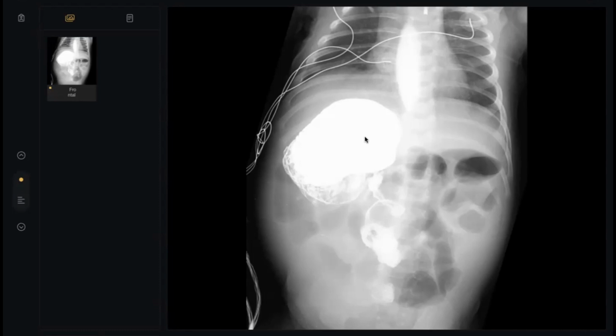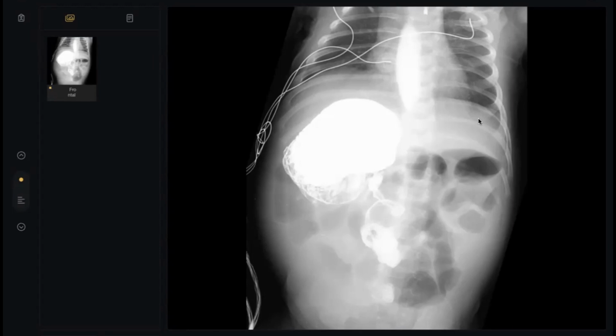Why this emergency or urgency? Because it can lead to perforation and obstruction. Yes. You didn't tell me the technique here. What is the name of this technique? Barium. Yes. Sorry, upper GI contrast study.